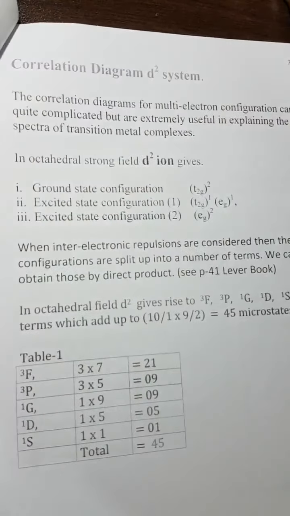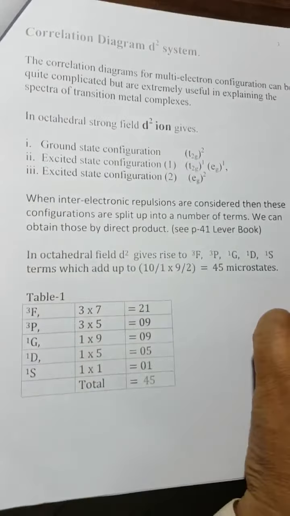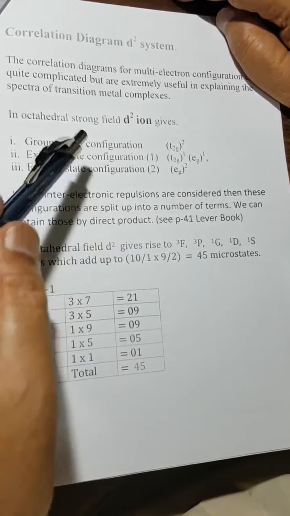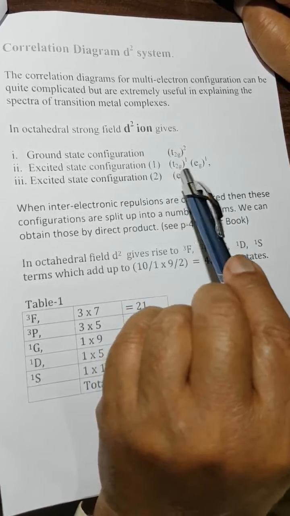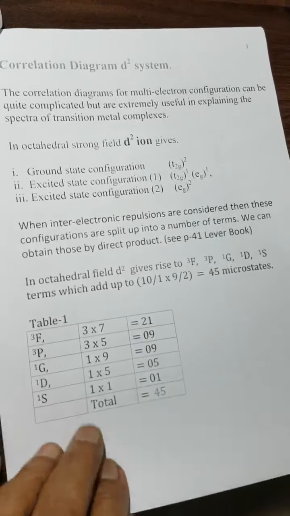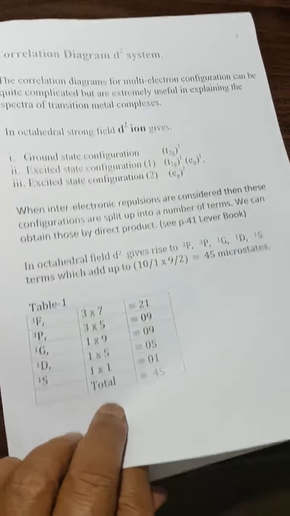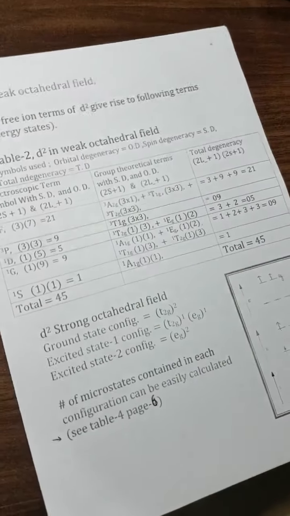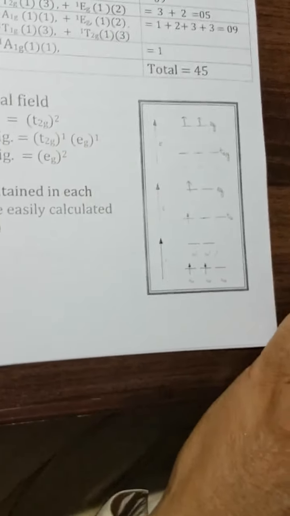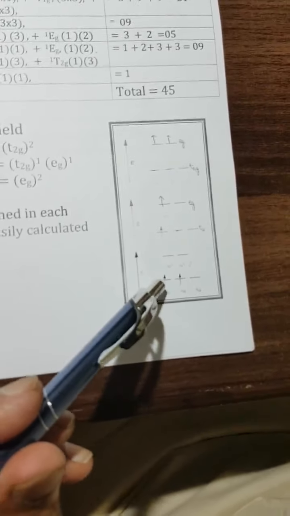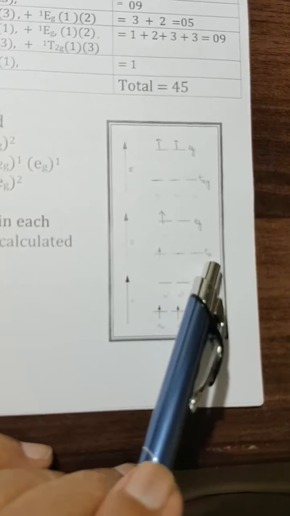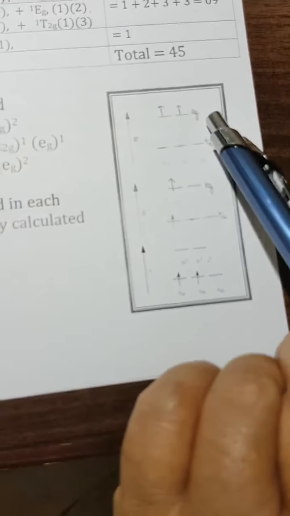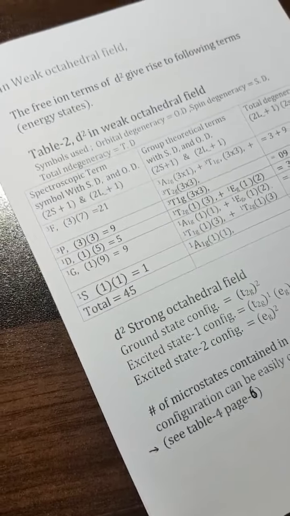Now we come to the correlation diagram of D2. In the octahedral strong field, it gives the ground state, excited state 1, and excited state 2. The ground state is T2G2, excited state 1 is T2G1 EG1, and excited state 2 is EG2. Now see what happens.